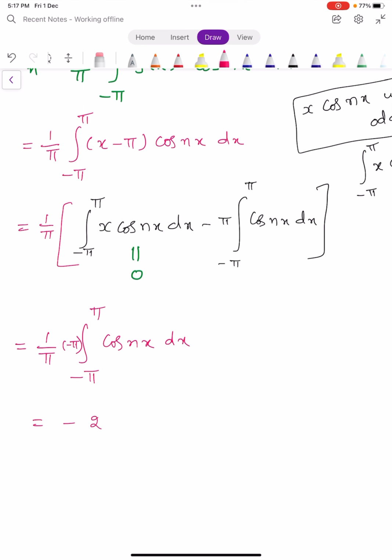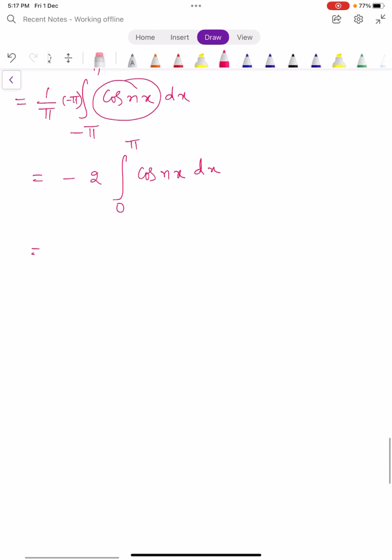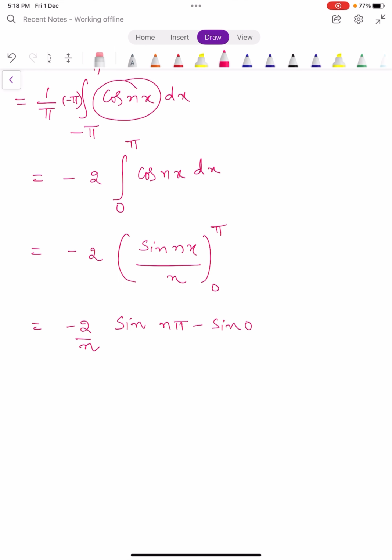So you can write minus 2 into the integral from 0 to pi of cos nx dx. By the direct formula, the integral of cos nx dx gives minus 2 sin nx divided by n, limits 0 to pi. You observe minus 2 by n times (sin n pi minus sin 0).